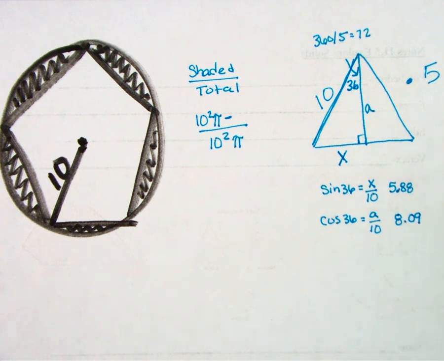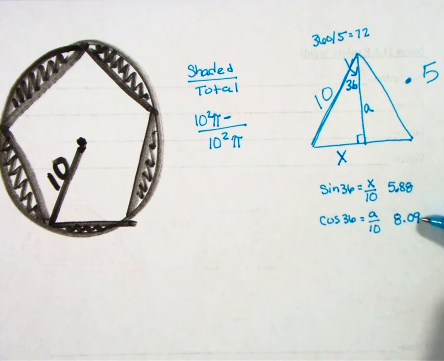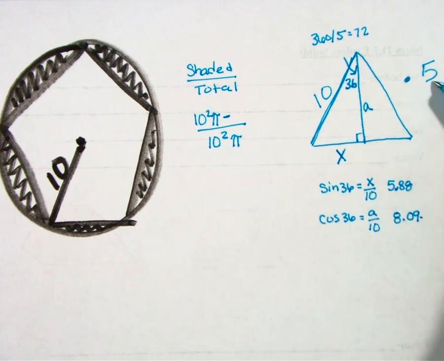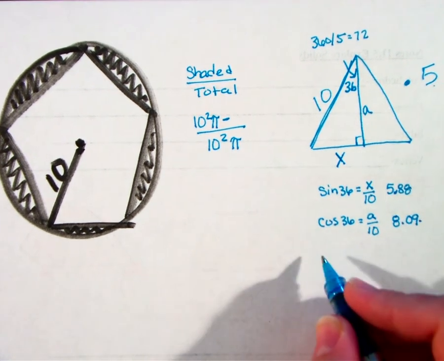Okay, so then to find the area of this pentagon, you take 5.88 times 8.09 times 5 sides. So I'll write that down.